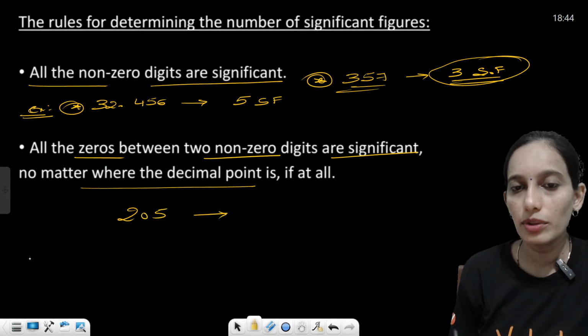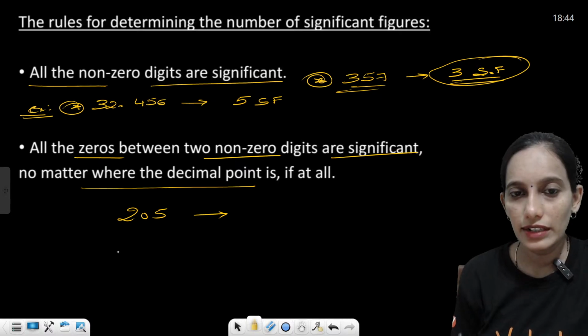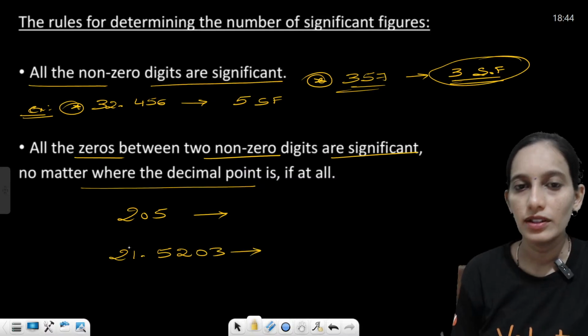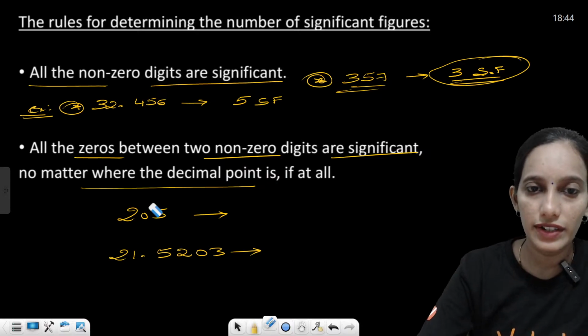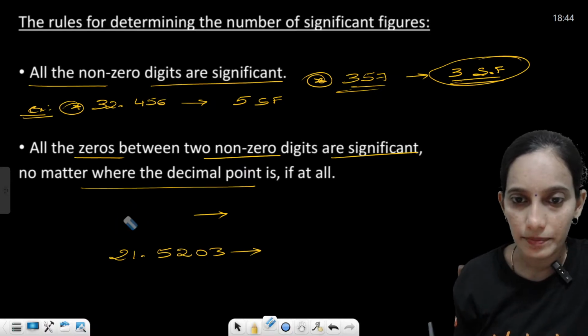What is the number of significant figures here? And I'll say one more, 21.5203. Please tell me the number of significant figures in 205.